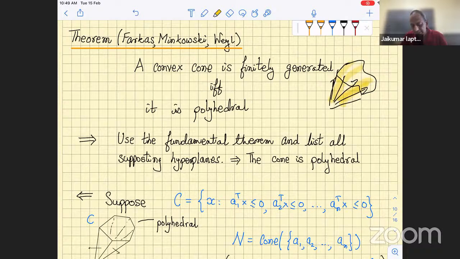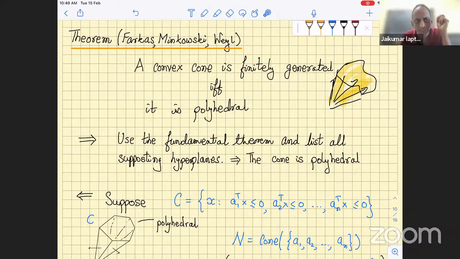My claim is that this cone is generated by a finite set of inequalities. What is the responsibility of an inequality? The responsibility of an inequality is to exclude everything which is not in the cone. Anything which is not meant to be in the cone should be separated out by one of the inequalities.